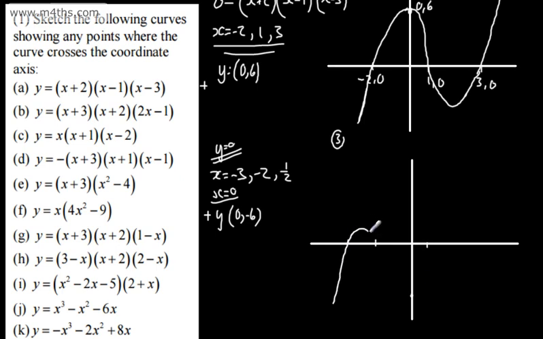The more you draw, the better you'll get, and also drawing on this tablet is pretty tough. Hopefully after a few goes it should be alright. That doesn't look too bad actually. So let's just make that a little straighter, like so. So this is going to be 1/2, 0. This is negative 2, 0, negative 3, 0, and 0, negative 6. And we've got all of the key features on there.